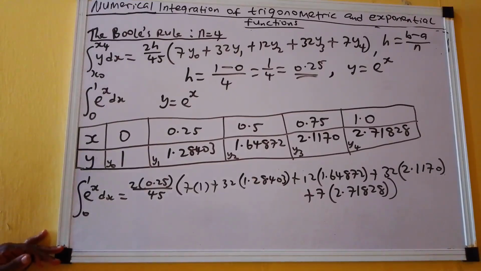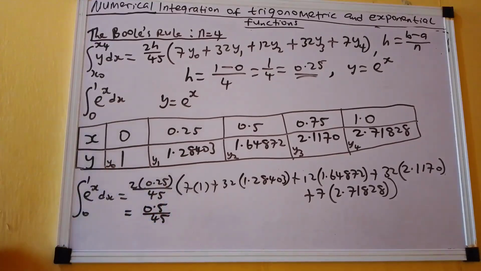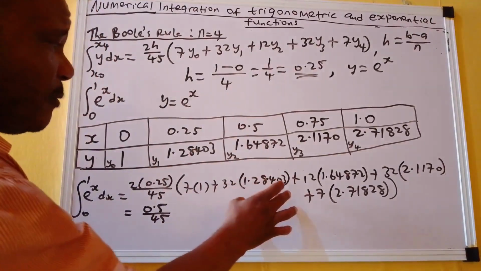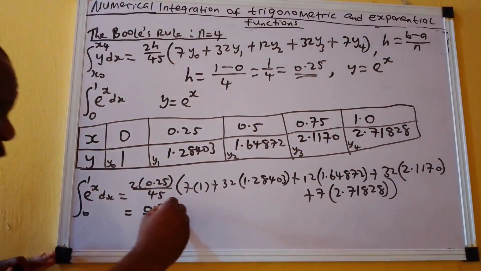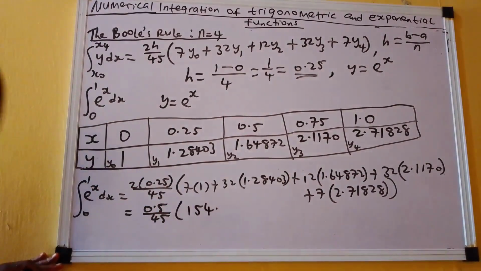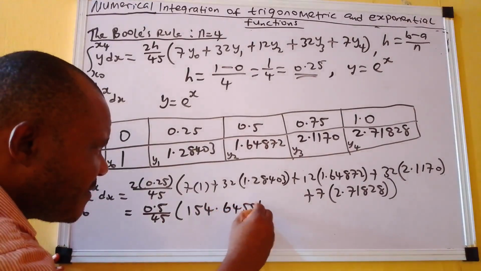So if you come now and carry out this, you are going to have 0.5 over 45. Do you know why I'm doing it that way? To save me what we call inherent errors. If you carry out all this, you multiply this by 7, multiply this by 32, and you carry out the additions, you are going to get 154.64556.